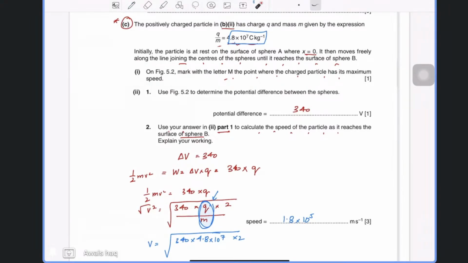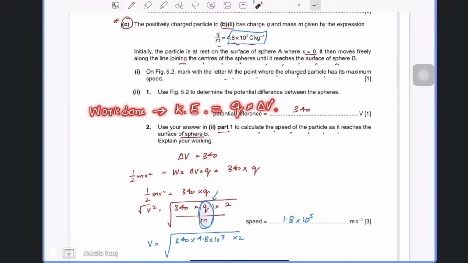So what I'm saying is, you need to understand that work done is going into kinetic energy. You agree, Anusha? And work done is basically charge times change in potential, right?